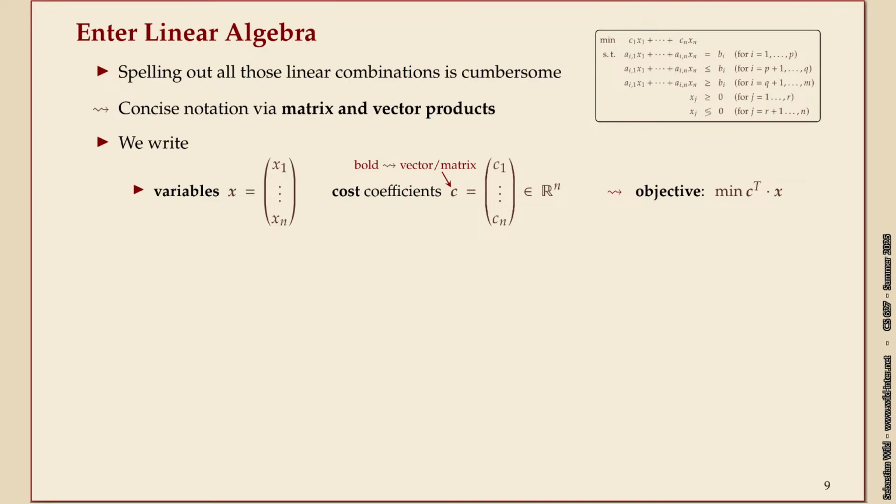The first step is to get rid of all these long sums and use concise linear algebra notation. For now, that's just an abbreviation. If you've ever done programming in NumPy or MATLAB or any of these tools, they use this all the time, where everything is vectorized. At least in the olden days, that was the way to get speedups in Python, by using the faster routines that these libraries provided.